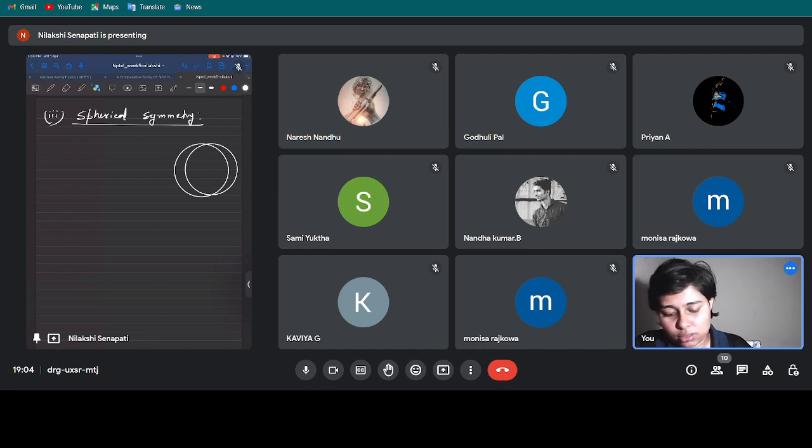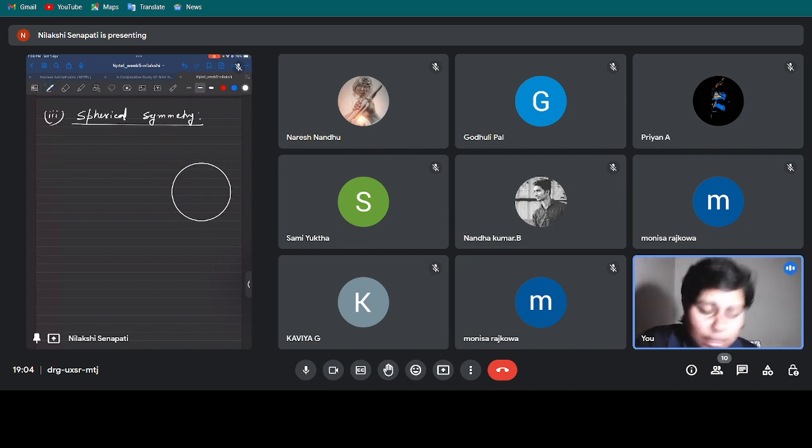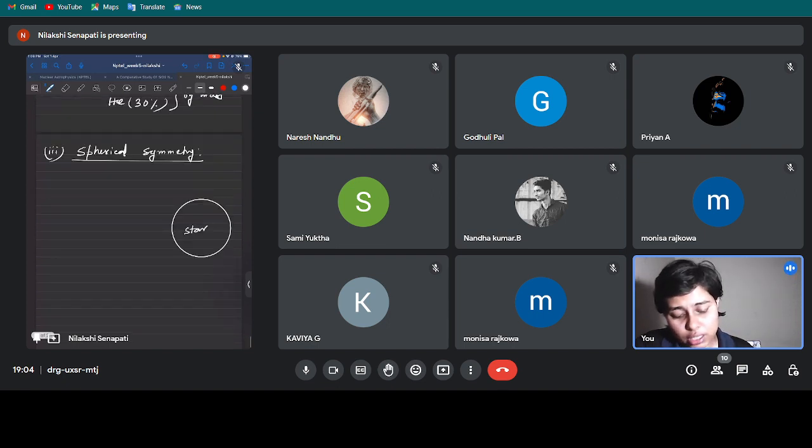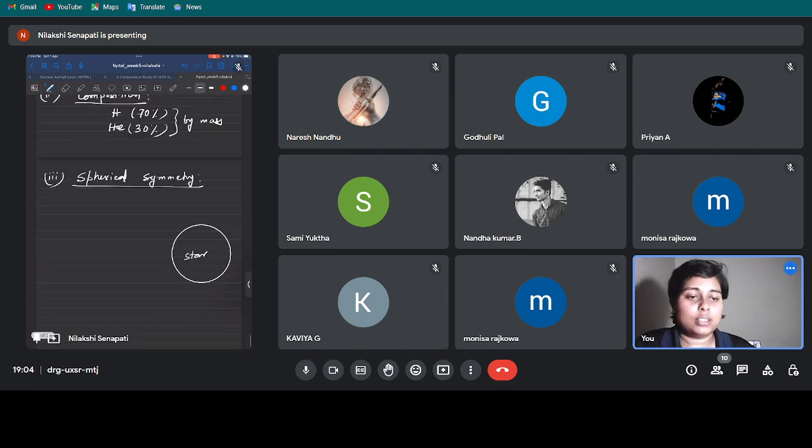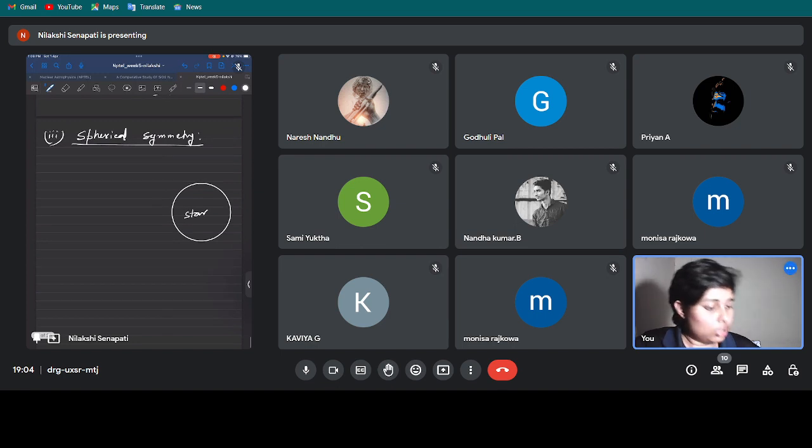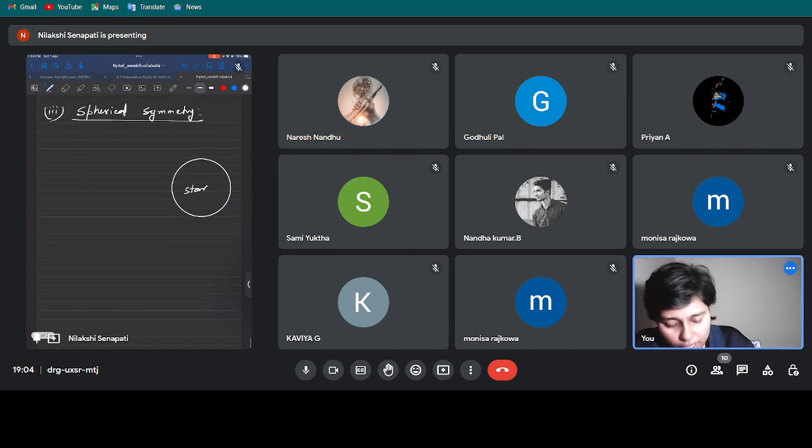So let me draw a circle. Okay, suppose this is a star, and it has a spherical symmetry. Composition is only hydrogen and helium, and this is totally isolated, no influence with each other. So this was the third assumption.